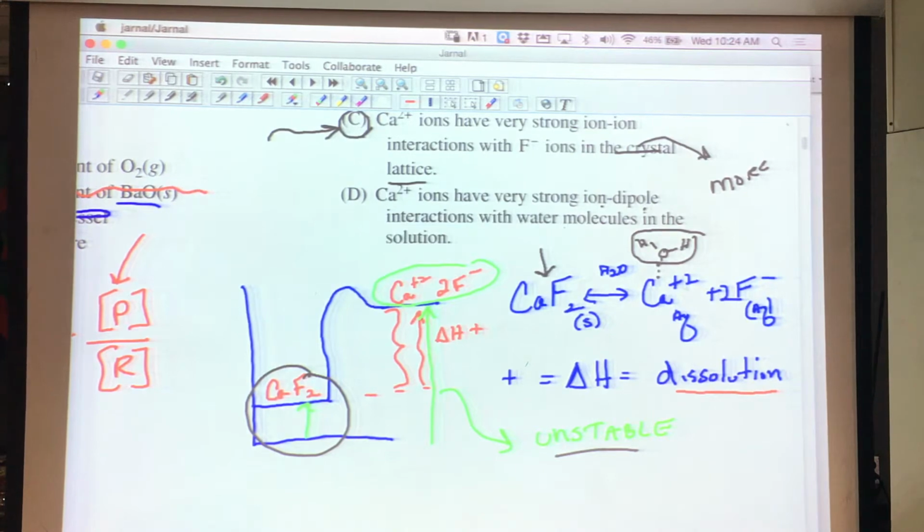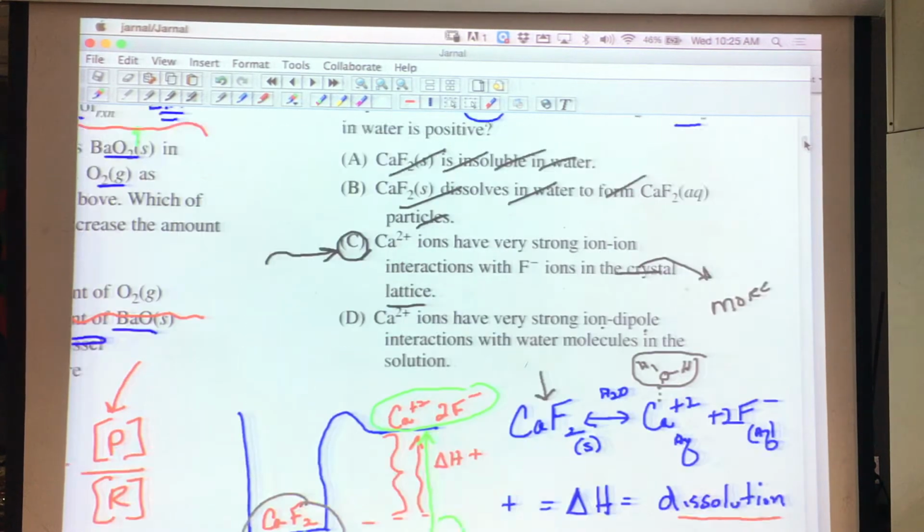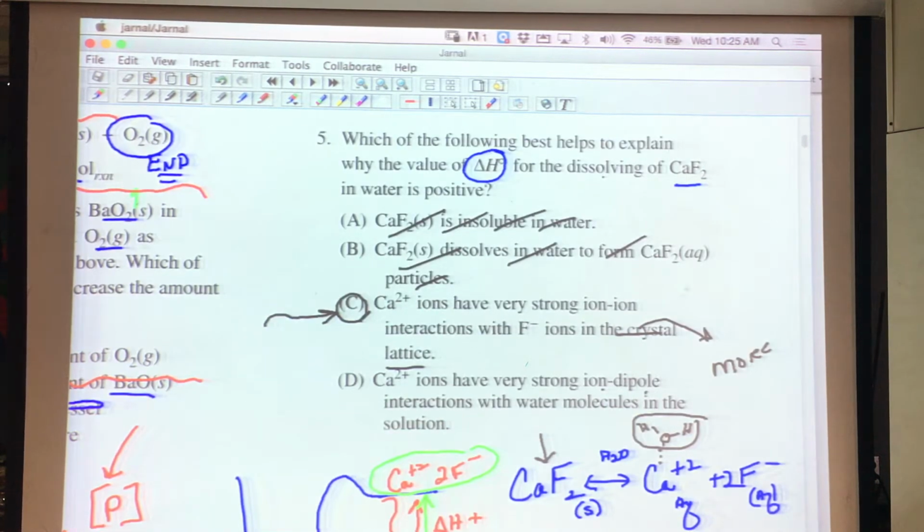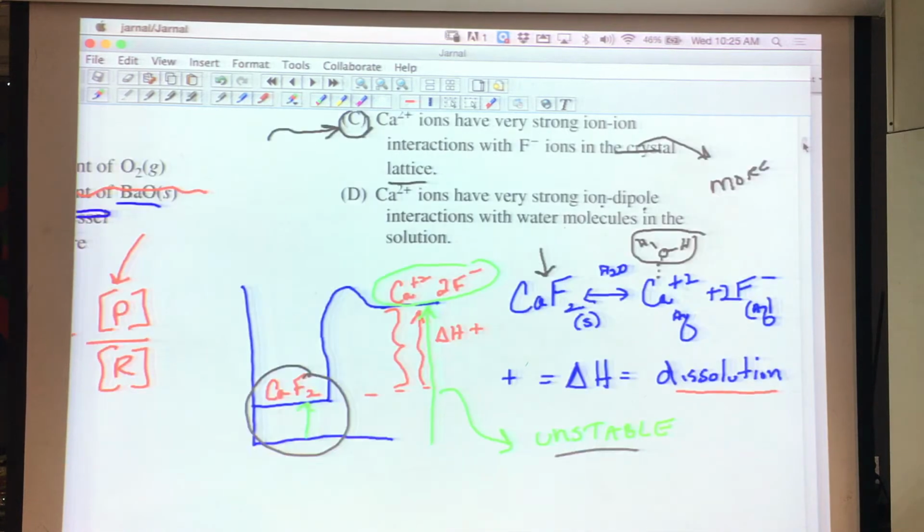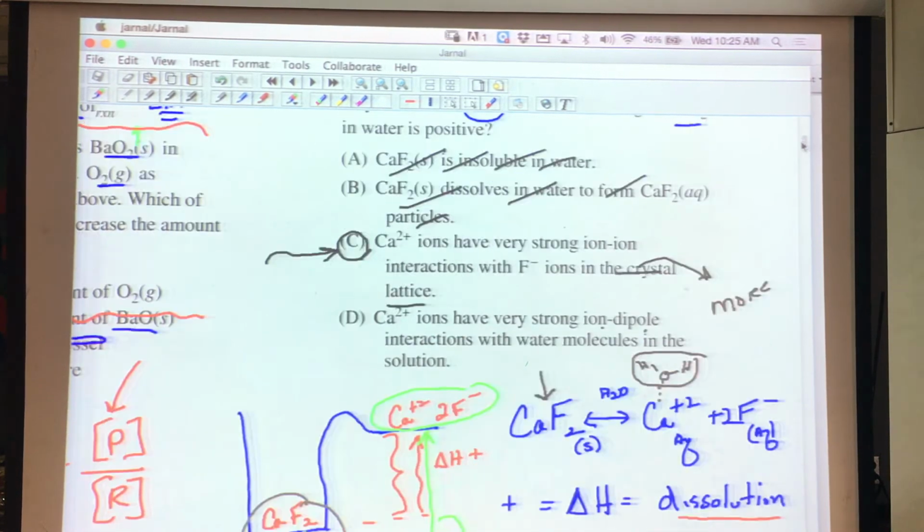Okay? Why would it not be A? Okay. Which of the following helps explain why the value? Okay. So, if there is a delta H to begin with, it must mean that there was a reaction.